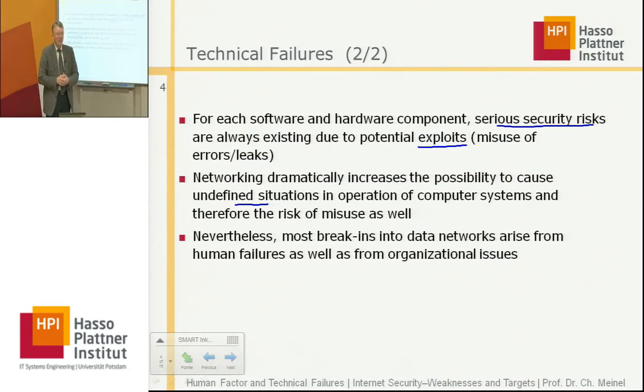Nevertheless, when we analyze the situation, most break-ins into networks arise from human failures, from bad configuration, from careless dealing with such systems, from not using security measures. So the most important are these human failures and problems in the organization.